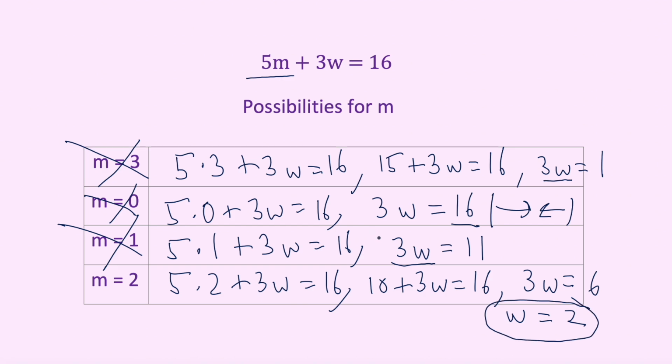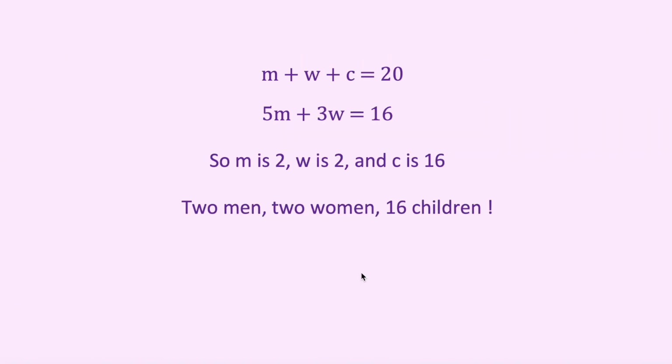This must be the only possibility, so there's only one correct answer here. Finally, if m and w are equal to 2, we can see that c must be 16, since they must add to 20. So we have an answer to our riddle. The number of men is 2, the number of women is 2, and we had 16 children.